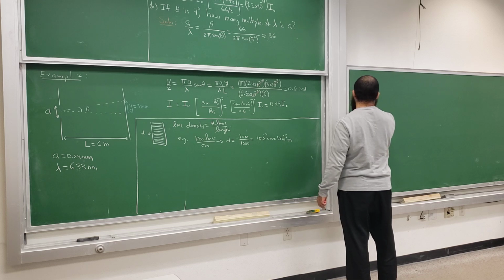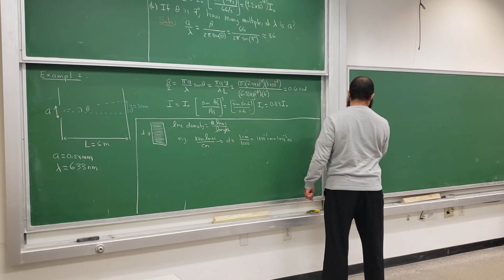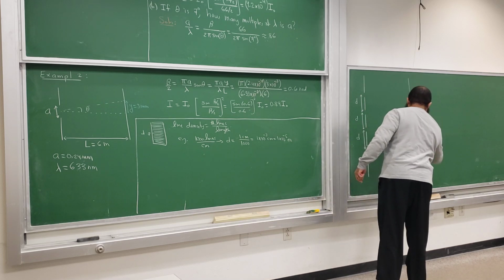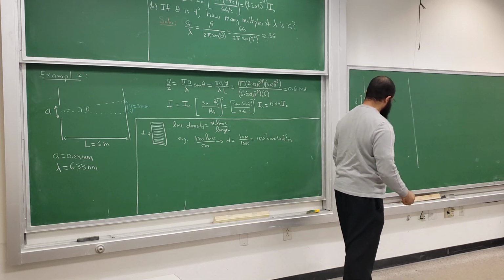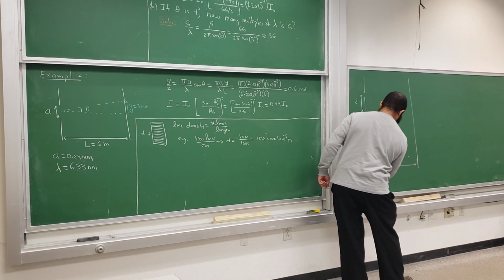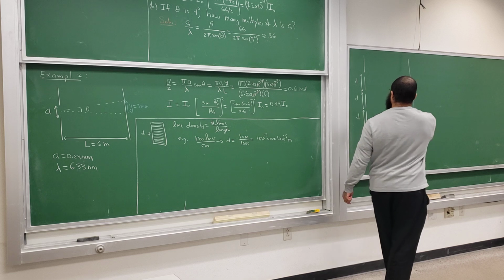So let's say the distance is d. We went over this, so let's quickly just recall what went on. So here is the screen, and this is L. Distance from here to here is L. Here is the center.